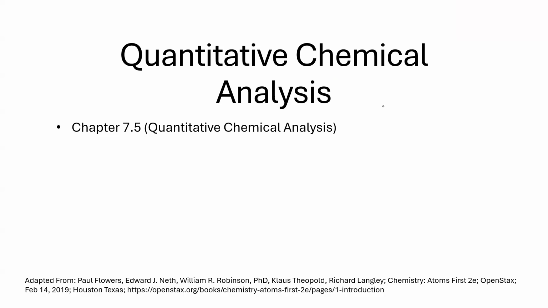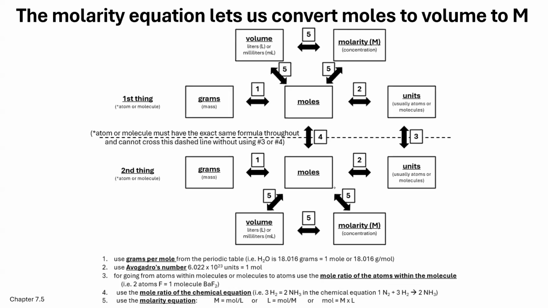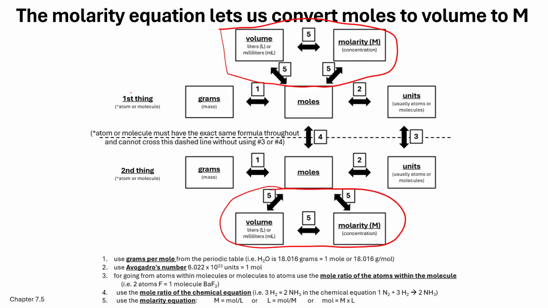Let me just clean up my screen a little bit. All right, let's go for it. We're now going to expand on our conversion table. What's new is this stuff up here. We're going to incorporate the molarity equation, and this is the same thing down here. Remember, it's one atom or molecule, and the second atom or molecule, and they're going to be on opposite sides of that dashed line.